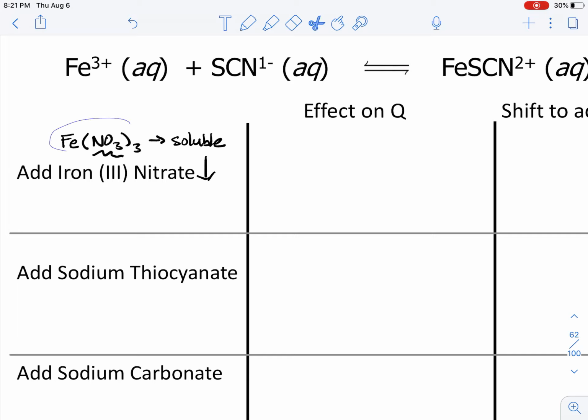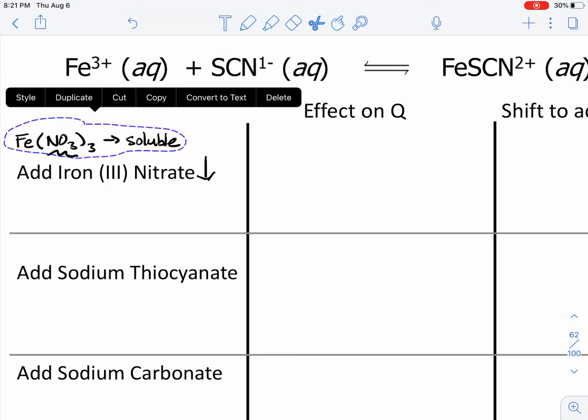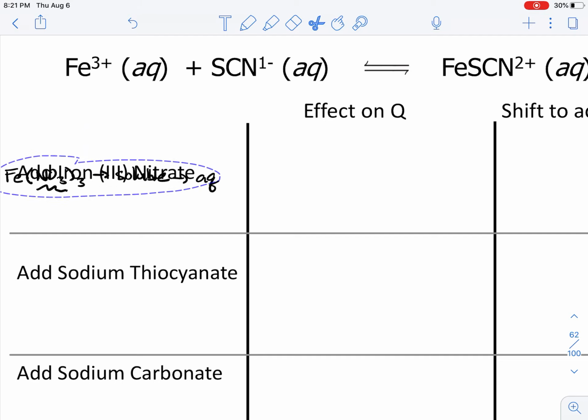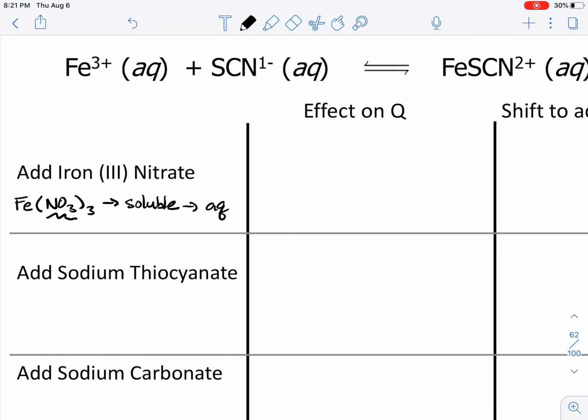I'm just going to move this just a little bit because I need that space at the bottom. So because iron 3 nitrate is aqueous, it's soluble, that means that Fe(NO3)3 will decompose to just iron 3 plus with 3 nitrate ions.